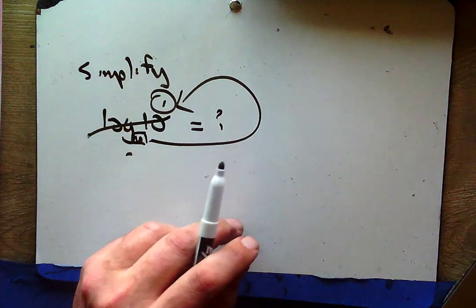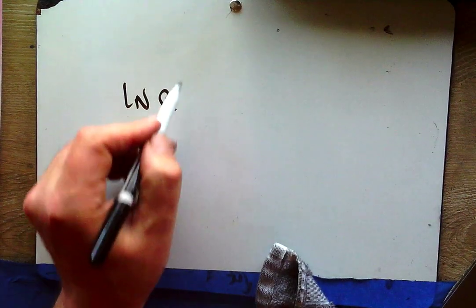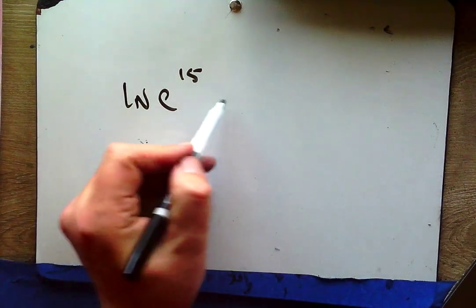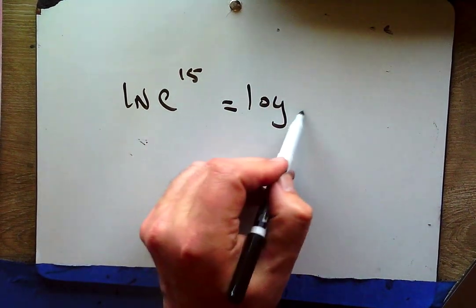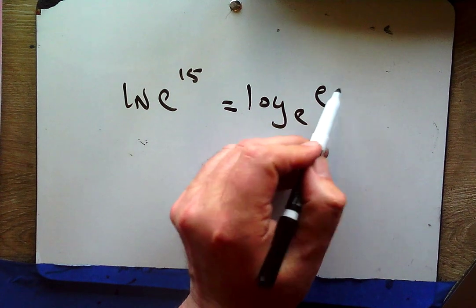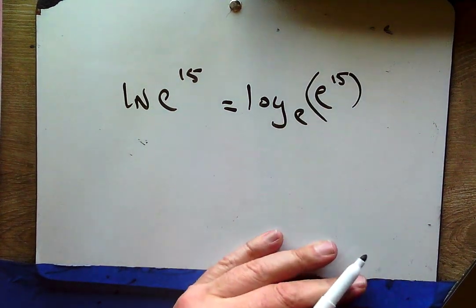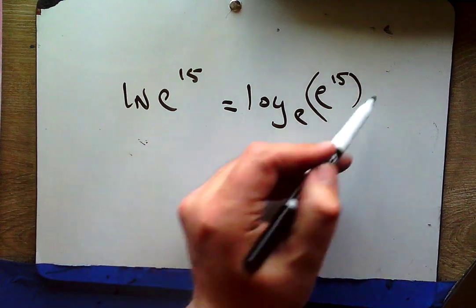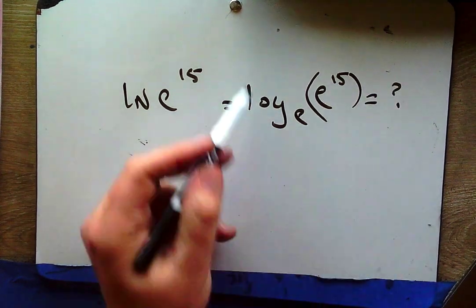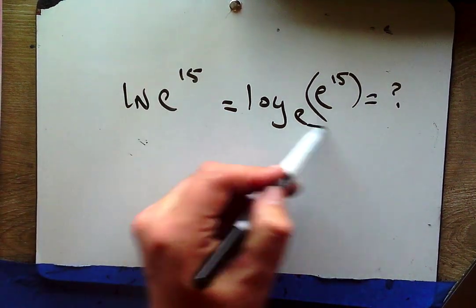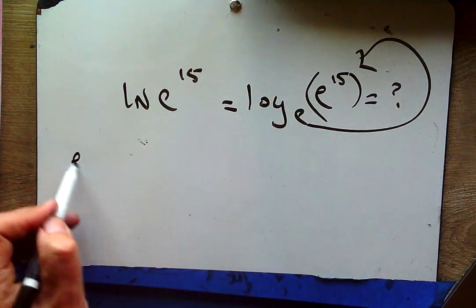All right? How about this one? ln of e to the 15th. Remember, this expression can be written as log base e of e to the 15th. And again, I think there's some options for us if we're trying to figure out what this expression is equal to. Here I can do scorpion tail.